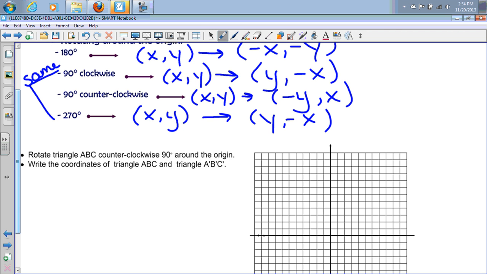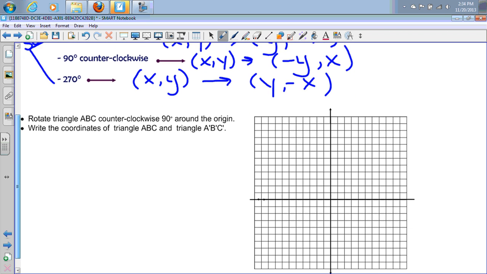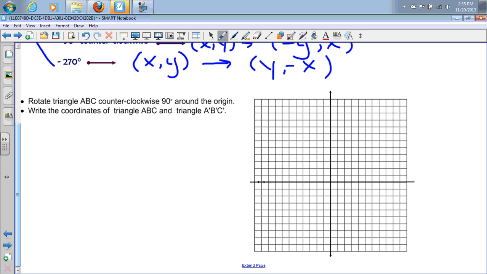Okay? All right, you're going to look at triangle ABC. Your triangle ABC is not on there. I'm going to give you triangle ABC.